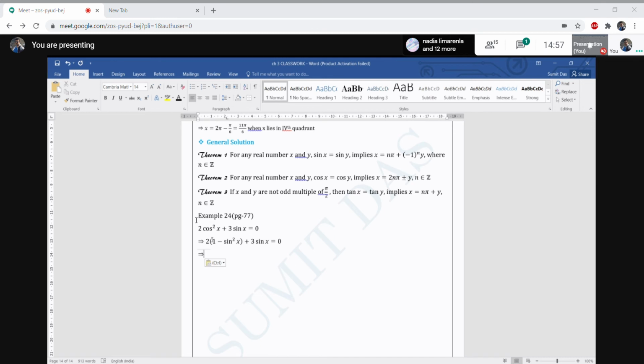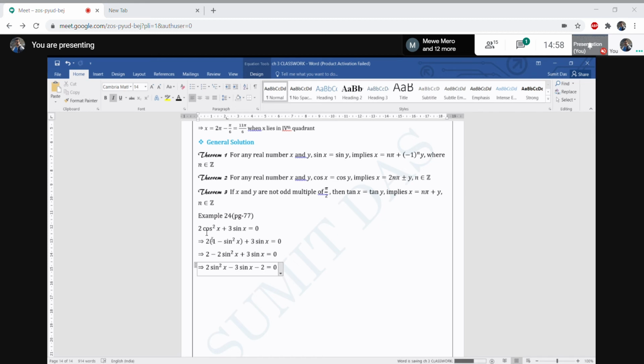Next line, if you simplify this, we'll get minus 2 sine square x plus 3 sin x plus 2 equal to 0.